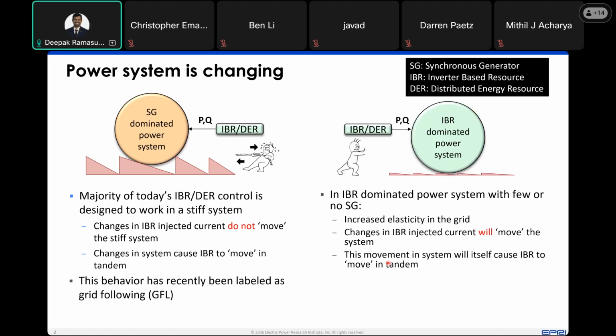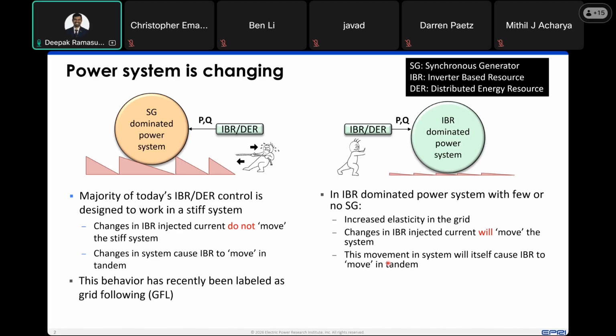You no longer have those conceptual mechanical blocks to help the movement or prevent the movement of the system. And what ends up happening is any changes in current that these inverter-based resources inject into the network will actually cause the entire system itself to move around electrically. And when that entire system moves around electrically, then the inverter-based resource will also move around with it.